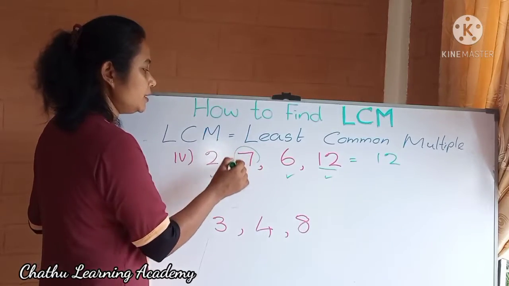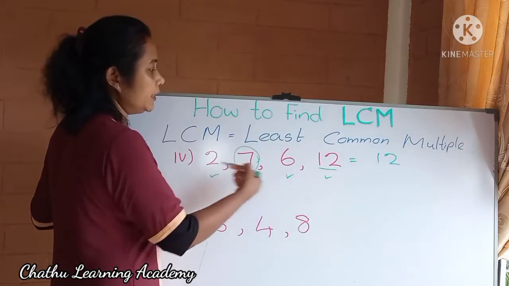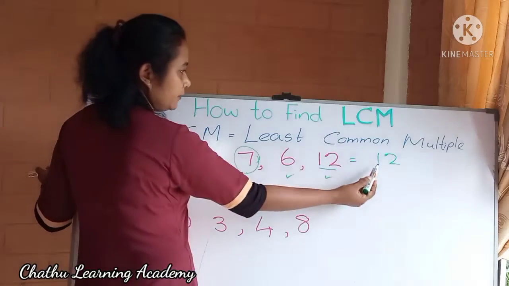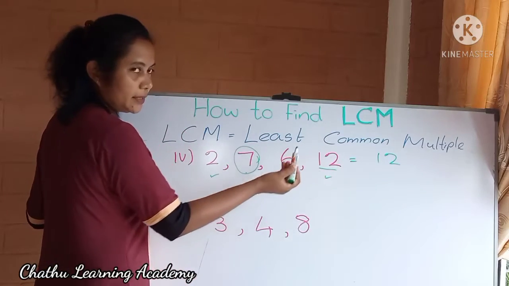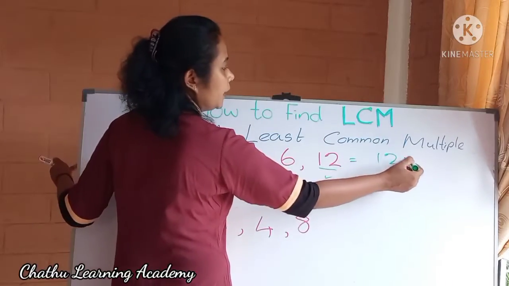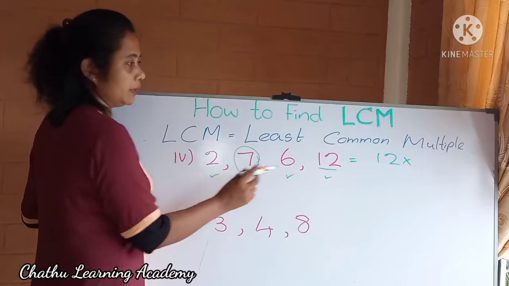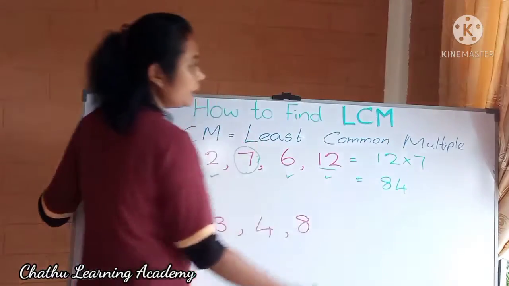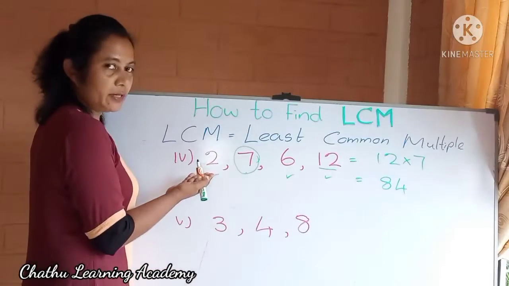Then if there's this type of prime number within the given numbers, you want to do this. As the first step, you select the largest value. Then after that, you multiply this largest value by that prime number. Then it will be the least common multiple of this given set.